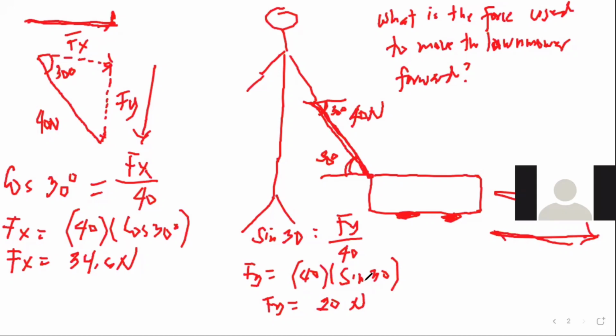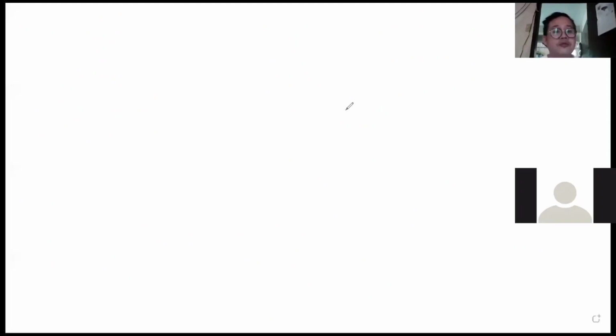Not all of the 40 Newton was used for this lawn mower to move forward if friction is ignored. So component vector is a very important part of the vector quantity lesson because this will be the basic foundation of physics as we solve problems in physics. In parallel vectors and in perpendicular vectors, we're only dealing with two vectors.